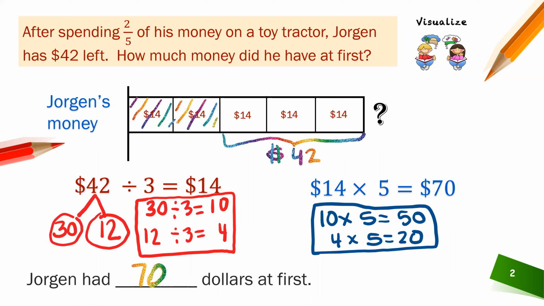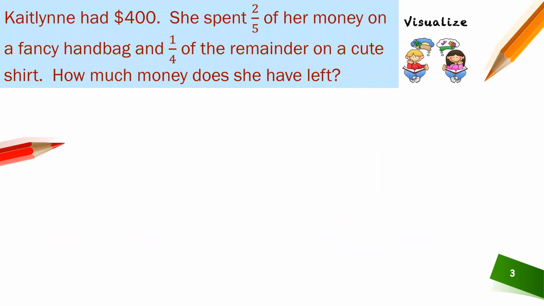Okay, so next. Caitlin has $400. She spent 2/5 of her money on this fancy handbag and then 1/4 of the remainder on a cute shirt. How much money does she have left? Okay, so again, Caitlin has blank dollars left. What's involved here?